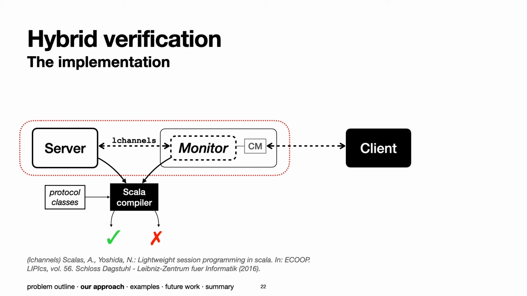On the other side, we do not pose any restrictions on the interaction between the monitor and the client. However, we do assume that we have a user-supplied library named Connection Manager, shown as CM, whose job is to translate messages to and from the particular formats and also handle the interaction between the monitor and the client.